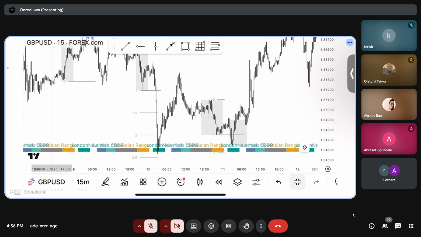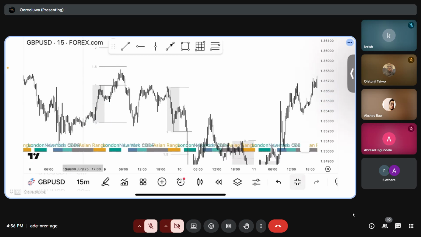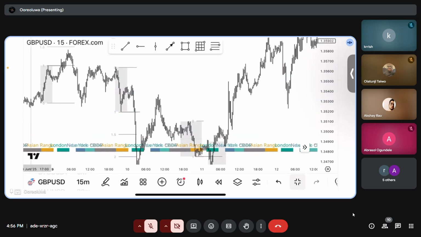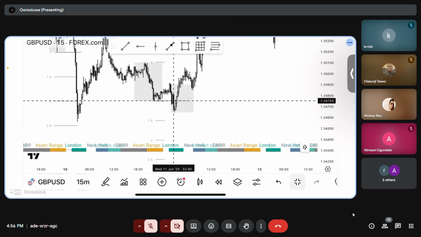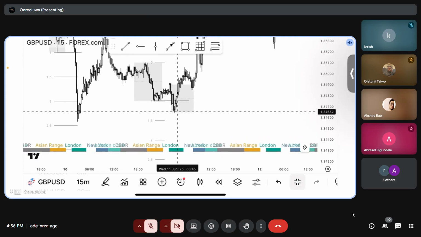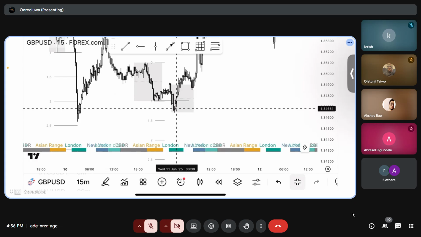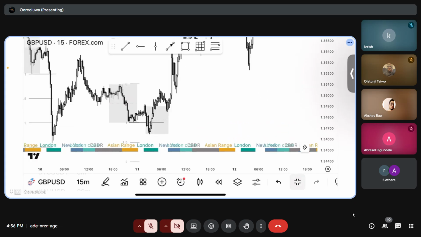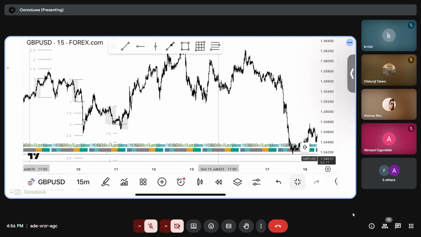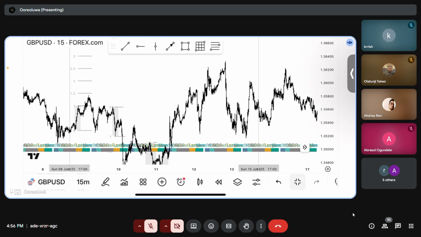For example, you missed this, and you also missed this. Then this was so classic for you, and you take this one. If you miss the total super entry, then you take the other block entry. And you can see how fast it went straight to the upside.